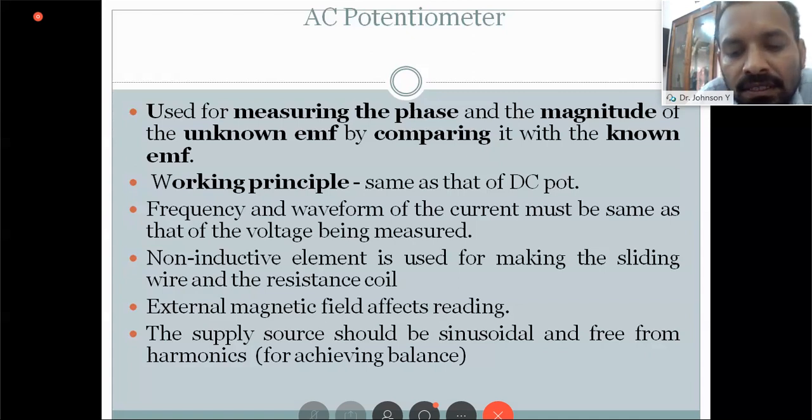If it has more harmonics, it is difficult to achieve balance, because in the harmonic condition there is great difficulty in balancing the phase. So as far as possible, harmonics have to be avoided.